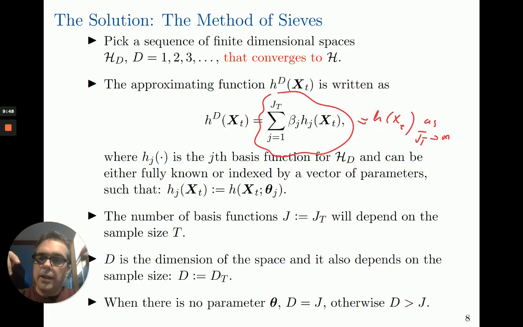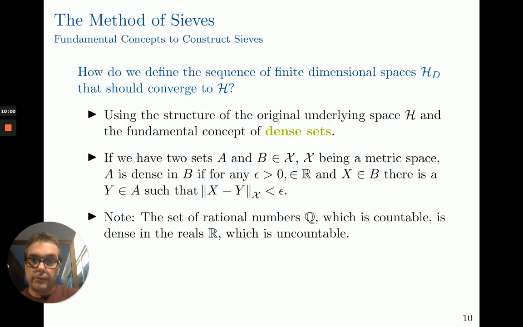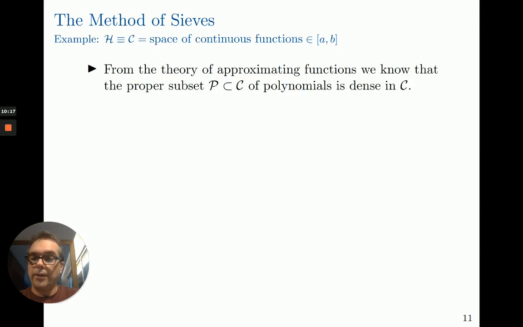So we are improving our capacity to recover the original and unknown nonlinear function that, at the end of the day, is our target. For instance, the set of rational numbers, which is countable, is dense in the reals, which is uncountable. And we want to use the density of simpler sets to construct our sieves.